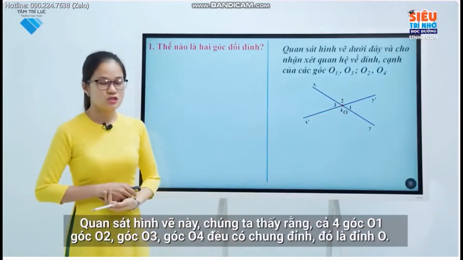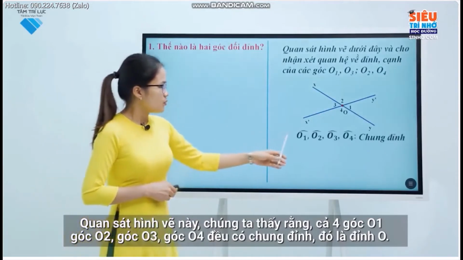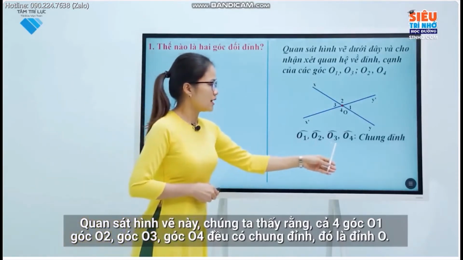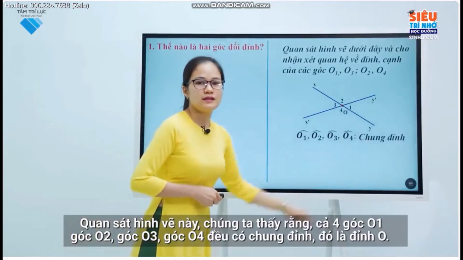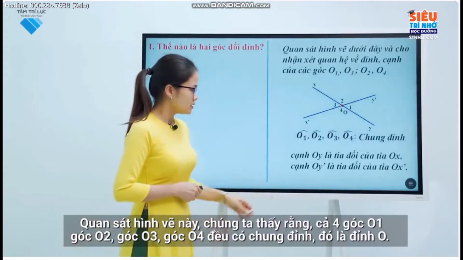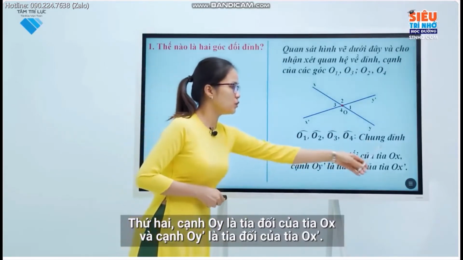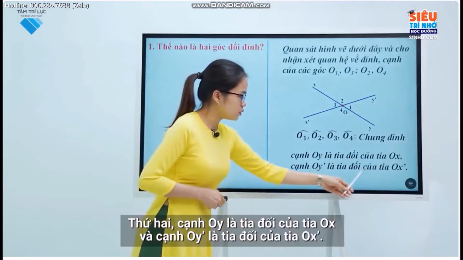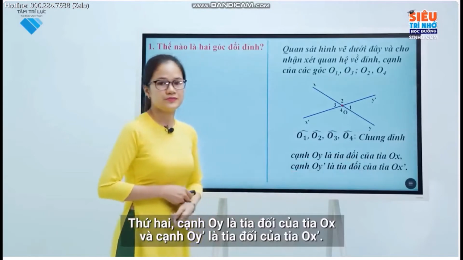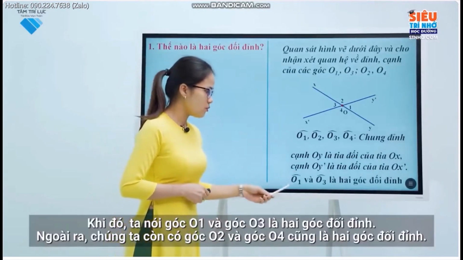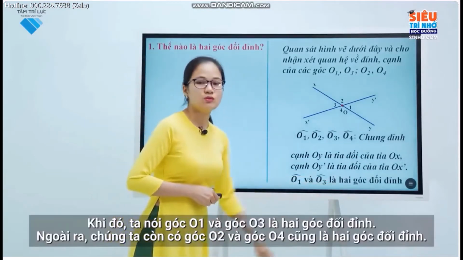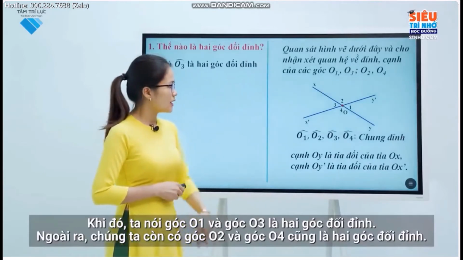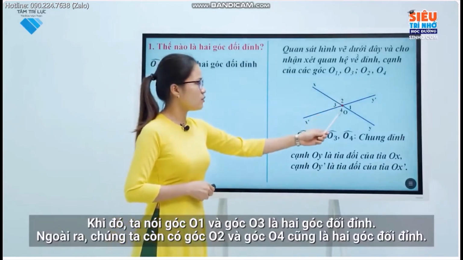By observing this picture, it is visible that the four angles O1, O2, O3 and O4 have the same top O. Secondly, ray OY' is the opposite ray of OX' respectively. For this reason, we have the angle O1 and O3, O2 and O4 are vertically opposite.